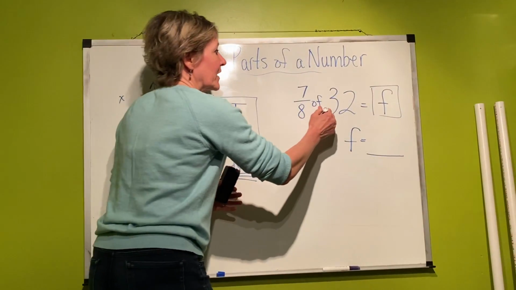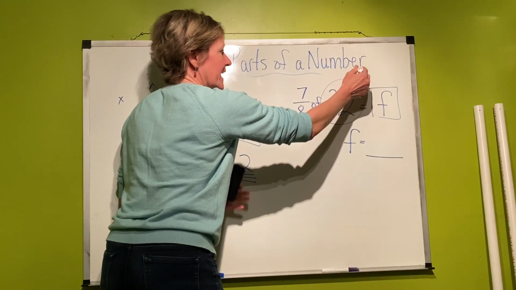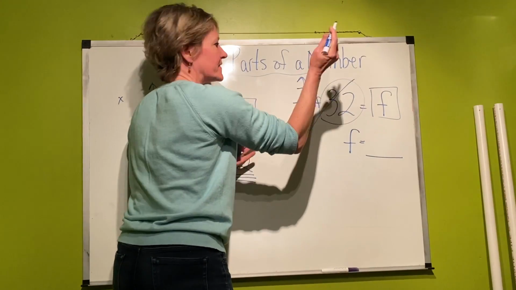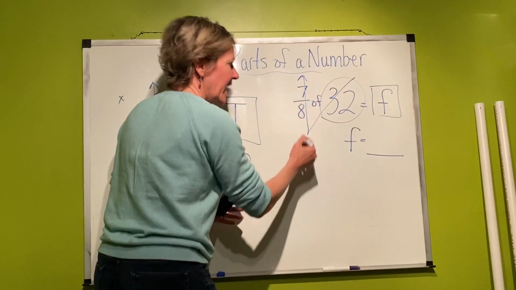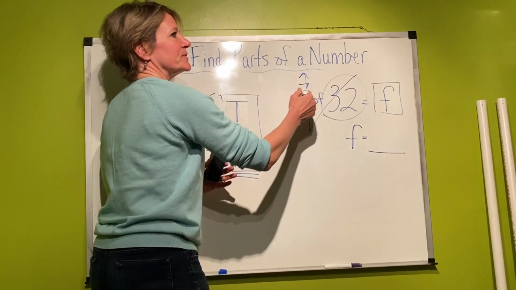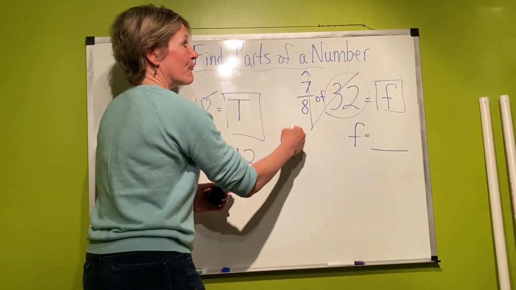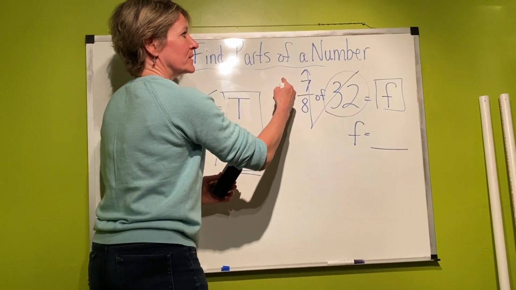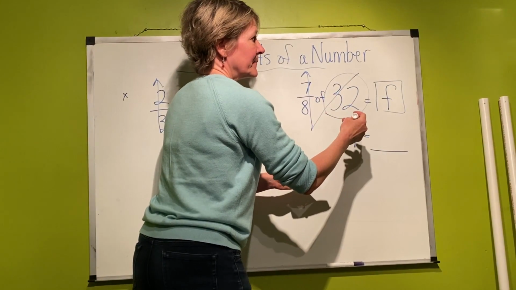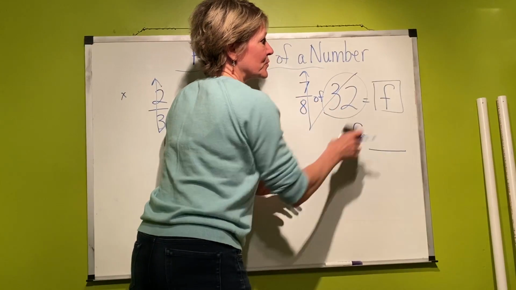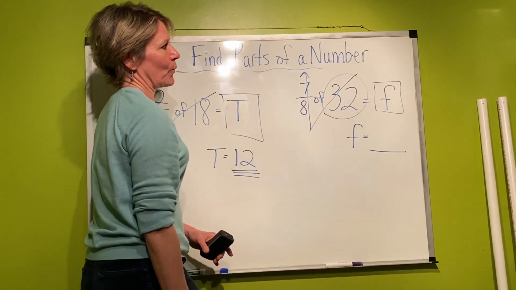As I said before, nothing changes. The name of the game is zigzag. That's it. Zigzag. Divide, multiply. 32 divided by 8 is 4. 4 times 7 is 28.